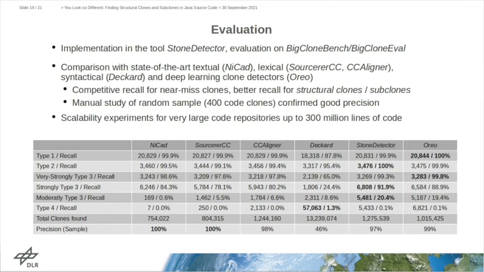In further experiments, Stone Detector proved its scalability on large code repositories. While up to 1 million lines of code can be analyzed in seconds, analyzing 100 million lines of code took 7 hours, which was only beaten by 2 other tools, Oreo also lasting 7 hours, and Nycat requiring less than 3 hours.